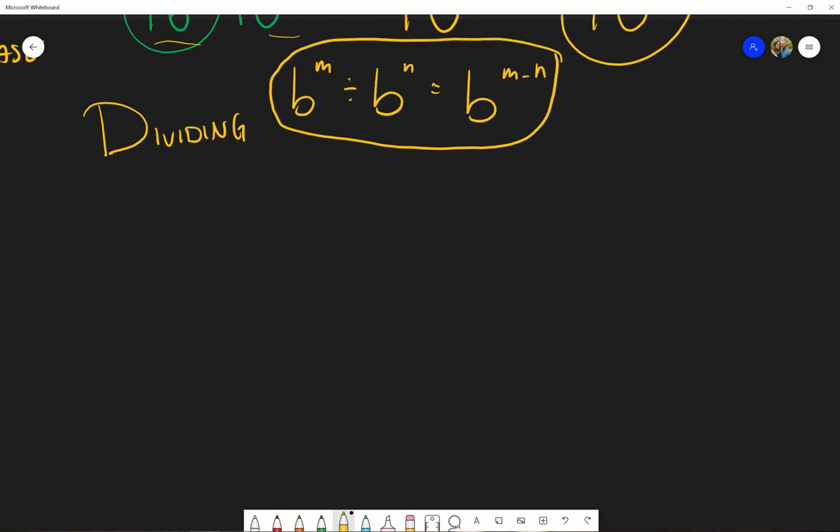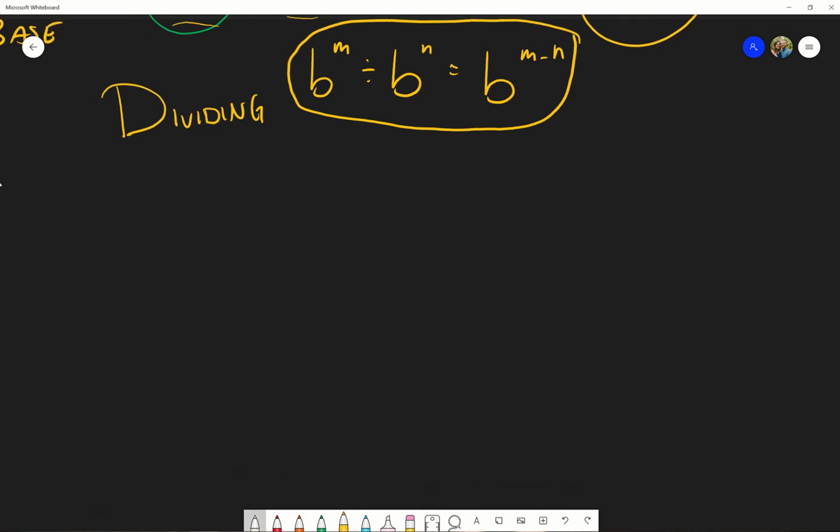We said this was our rule, so let's check it and see how it works. If I have 6 to the power of 9 divided by 6 to the power of 4, remember, division is just like saying fractions, right? So this is just like saying 6 to the power of 9 over 6 to the power of 4.